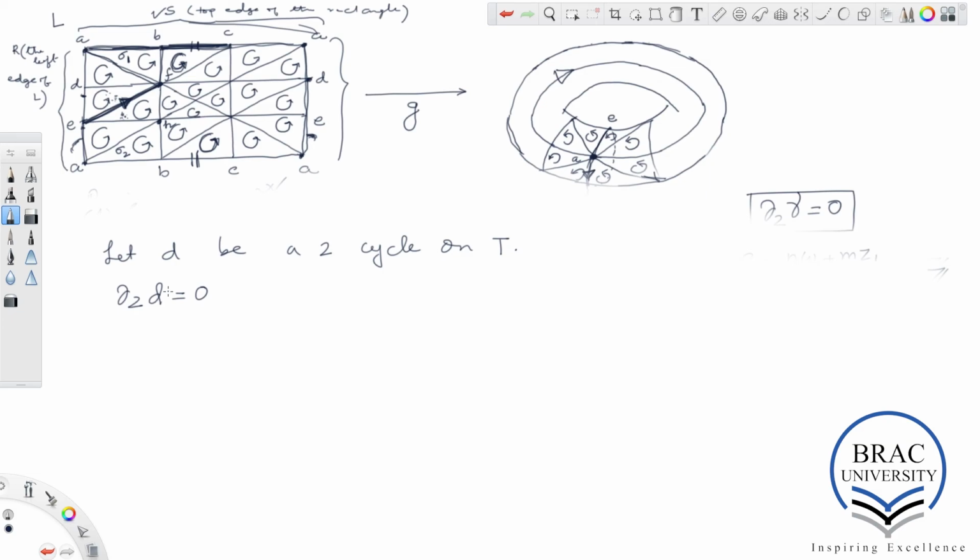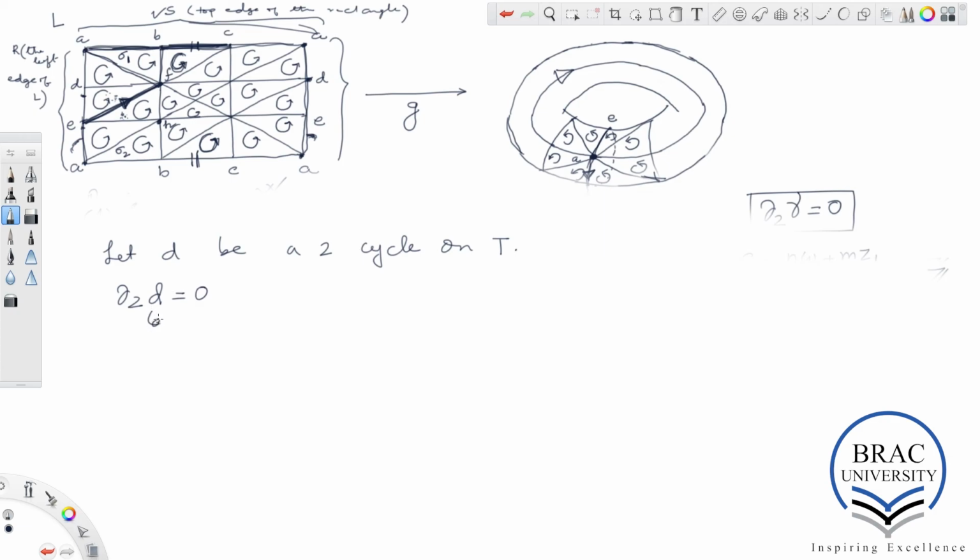Okay, so we have gotten del 2D is equal to 0. Since del 2D is 0, so del 2D is equal to 0.